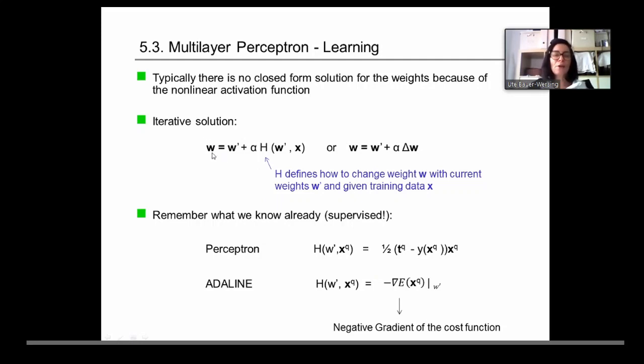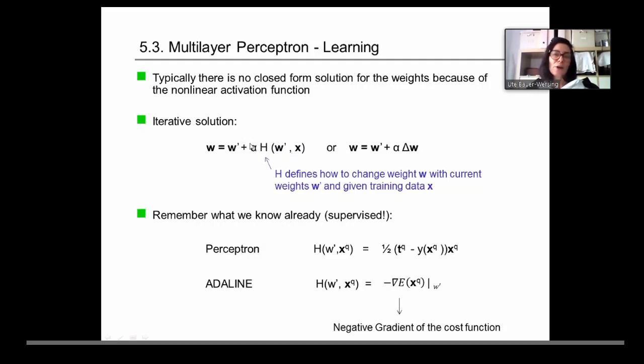So we calculate new weights based on the weights that we currently have, which have already learned a bit of the problem, and we add an update to the current weights, which is usually a function h based on the current weights and the input data x.